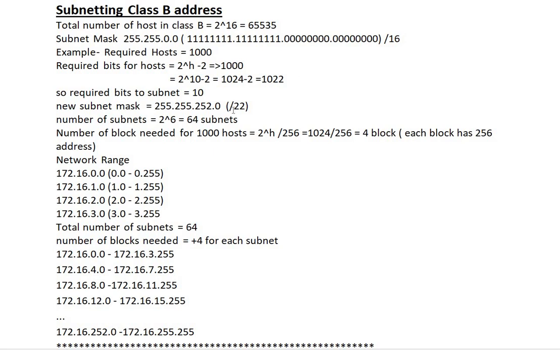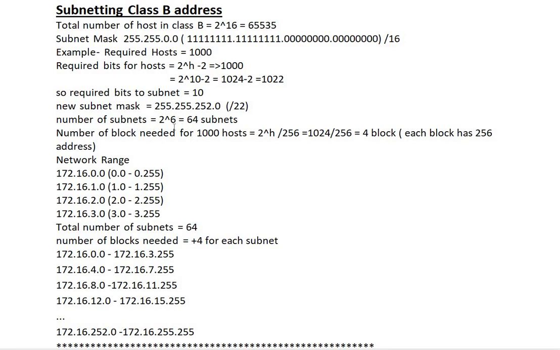So this 16 plus 6 will be added to the network portion, and it will become 252 in the third octet instead of 0. It will be written as /22, because 6 bits have been added to the network portion. Of the 16 host bits, we have taken only 10, and 6 are left for the subnet.